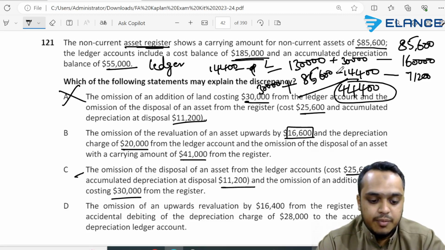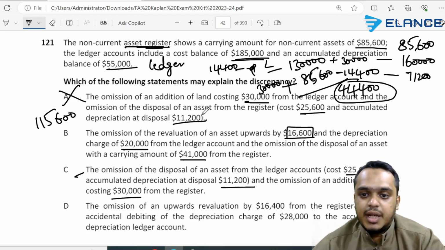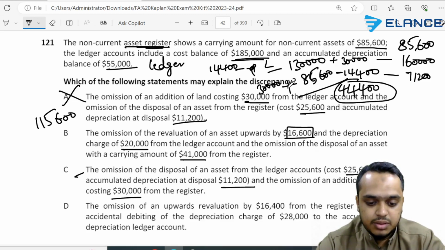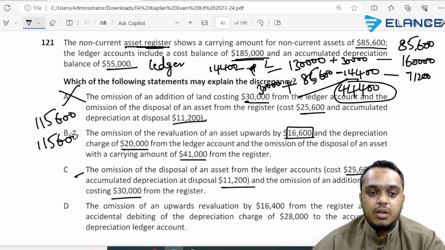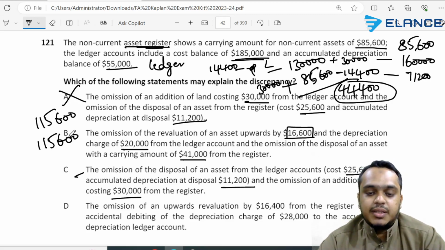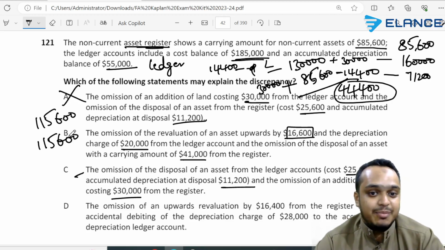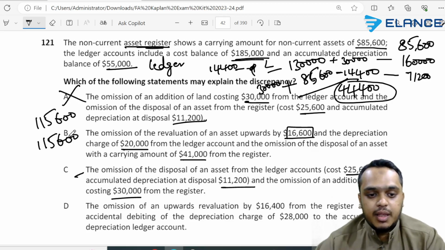So let me just do it. 130,000 minus 14,400 is equal to 115,600, and this 85,600 plus 30,000 also gives me 115,600. This is actually matching up properly. This is the reason there was a discrepancy between the register and the ledger account, and that's why this is my answer.